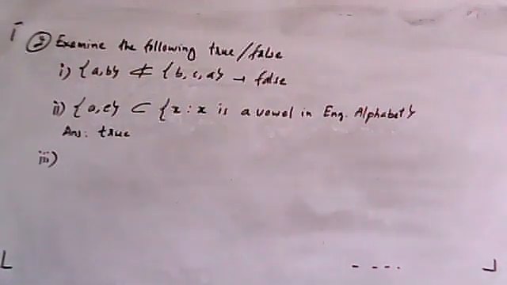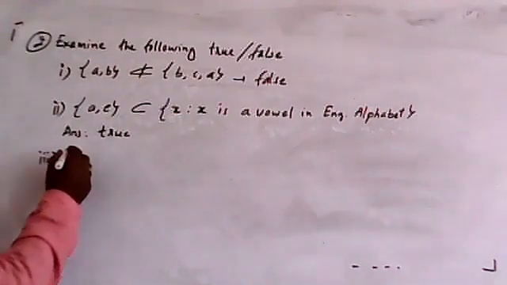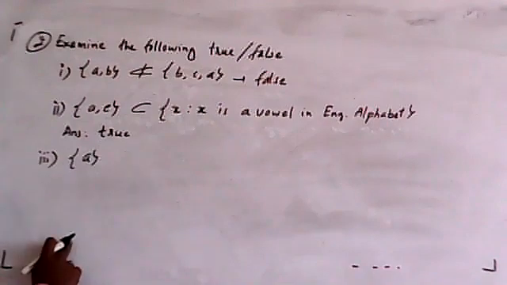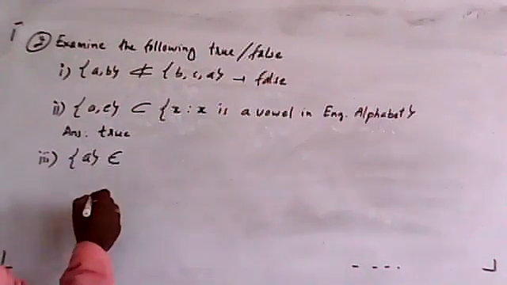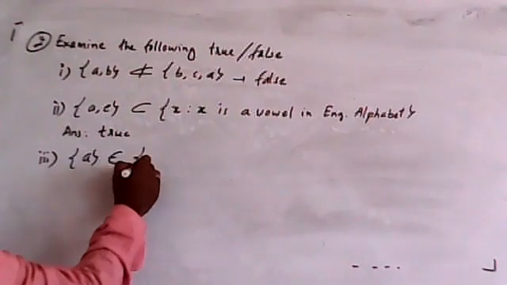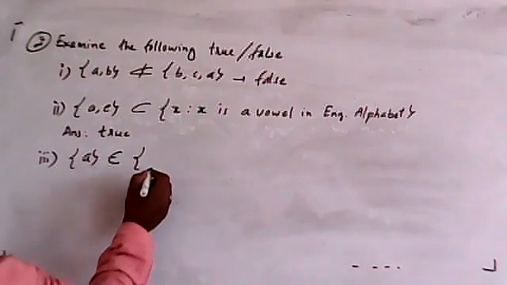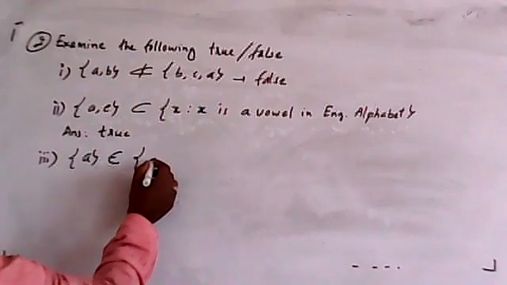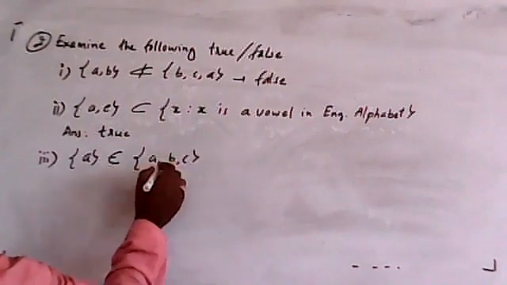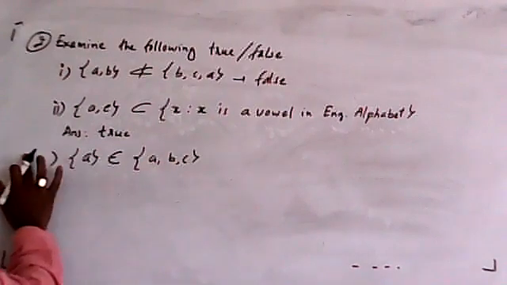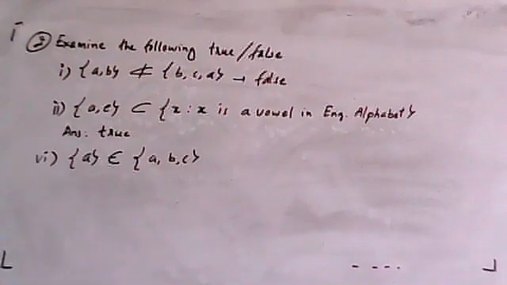You see this one. I will confuse you now. There is a set having element A only. It belongs to a set having elements A, B, C. And this is the fifth one. Now you just answer it out.